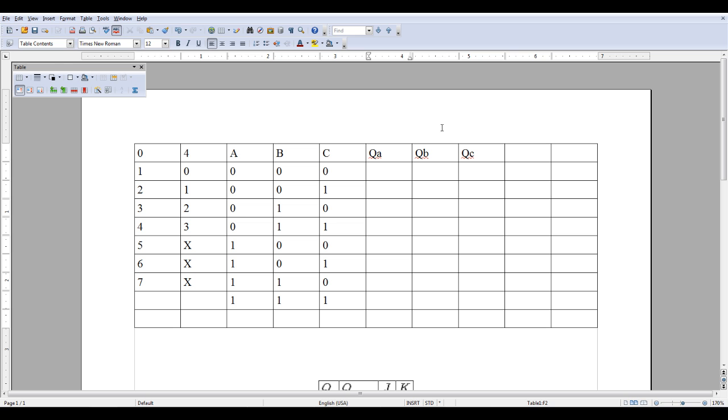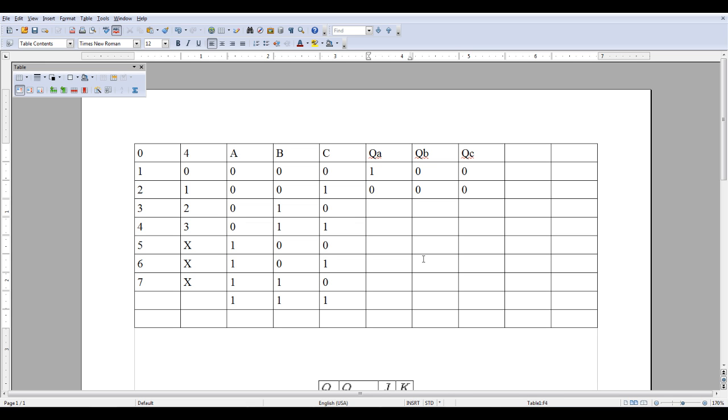So from there, we would have to make our next-state table. This would be our A, B, and C, and this would be QA, QB, QC. When we're at 0, we go to 1, 0, 0. When we are at 1, we go to 0, 0, 0.